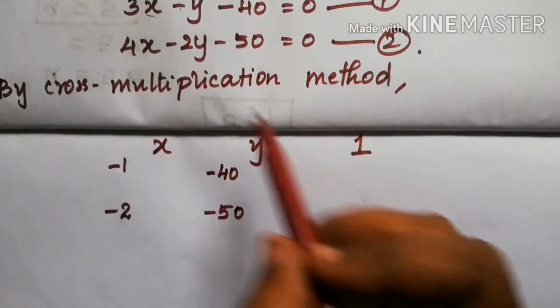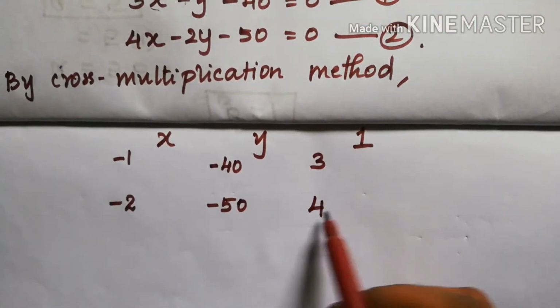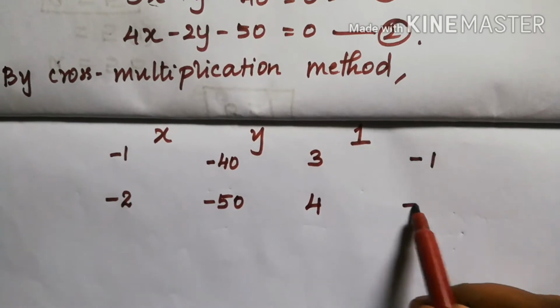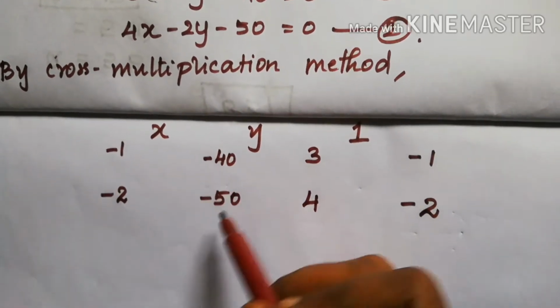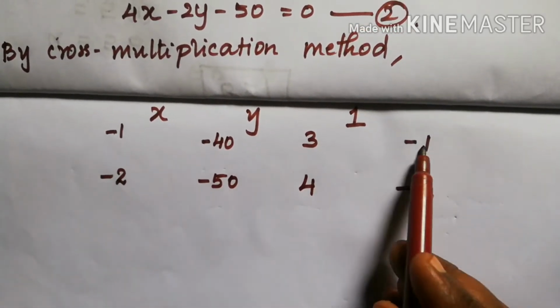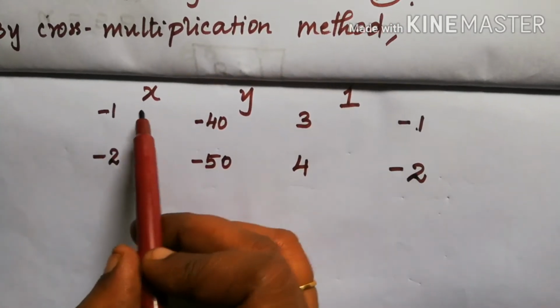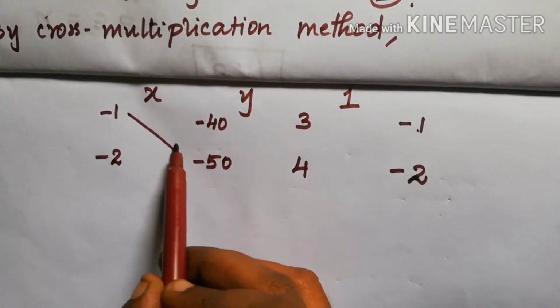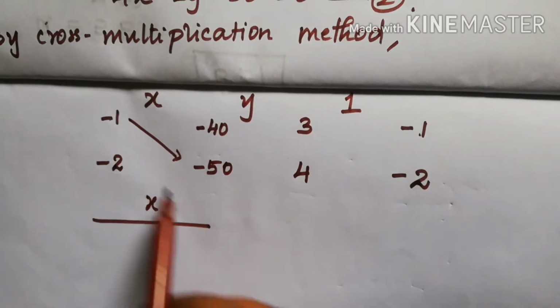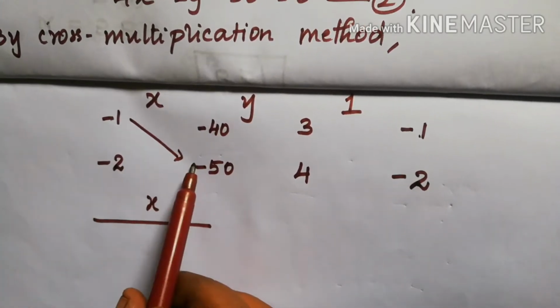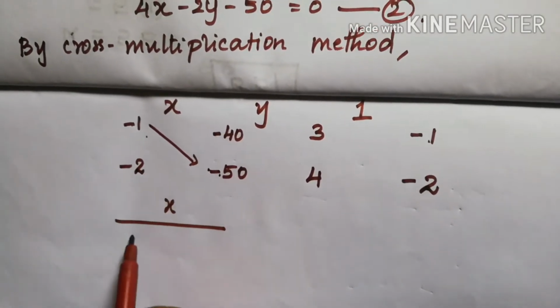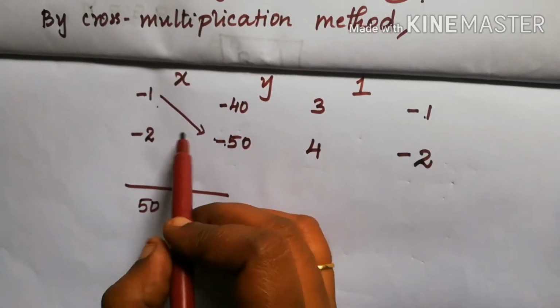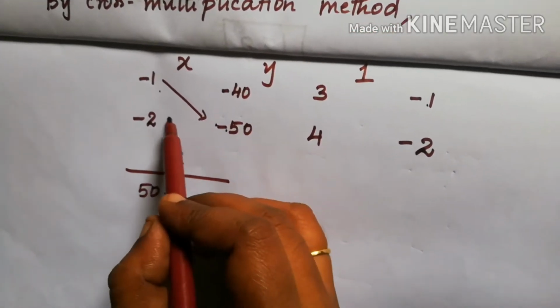Next come to the x coefficient: 3, 4. Then minus 1, minus 2. So 4 columns are there. Beginning minus 1, minus 2. Ending also minus 1, minus 2. Be careful. Now first you are going to multiply x by down arrow: minus minus plus, 1 into 50 is 50. Then minus up arrow.